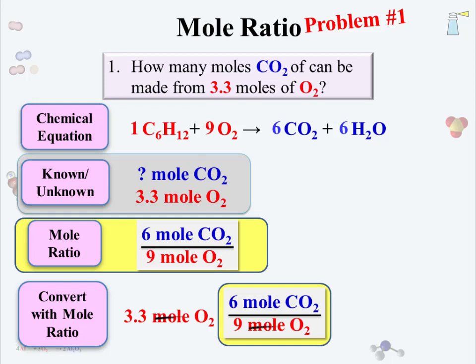Verify that the units moles of O2 cancel out. The math comes out as 2.2 moles of CO2. In this reaction, 3.3 moles of oxygen can produce 2.2 moles of CO2. That is a powerful statement and is why stoichiometry is so central to the study of chemistry.